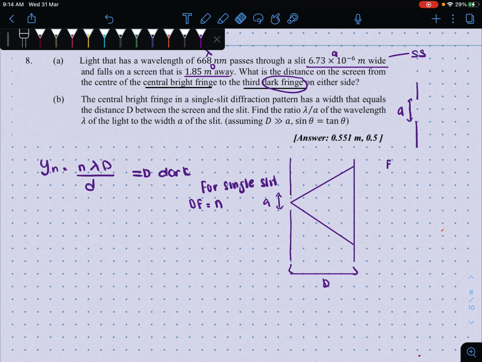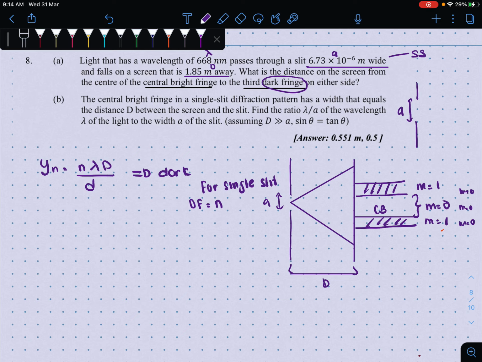So contoh dekat sini, you are going to experience your central here. Your central is very wide, sangat luas. So next dekat sini, immediately sebab ini sangat luas, M is equals to 0, central bright. The next one terus jadi dark yang pertama sebab central kamu sangat-sangat wide, sangat-sangat lebar. So, kalau yang double slit, kamu akan ada M sama dengan kosong, central, atas dan juga bawah.